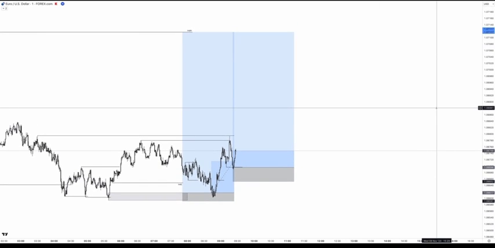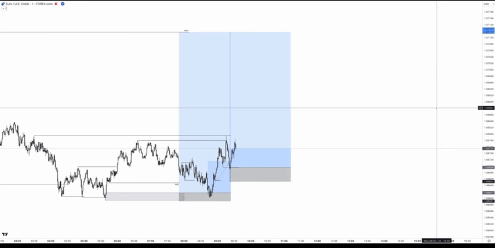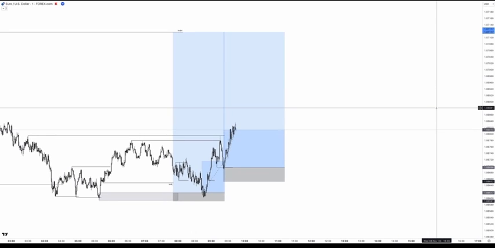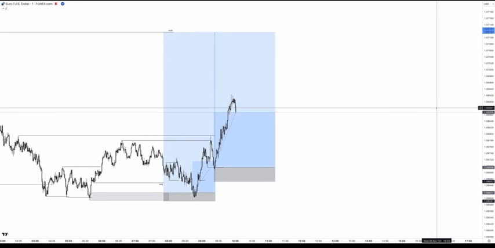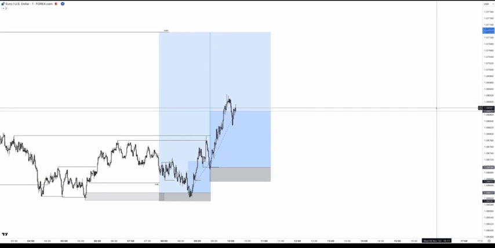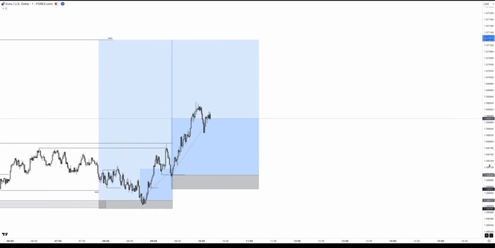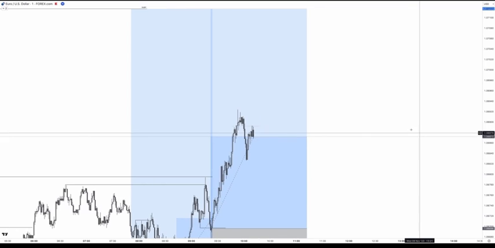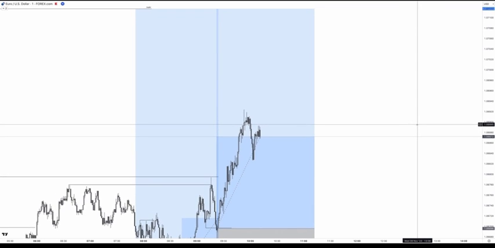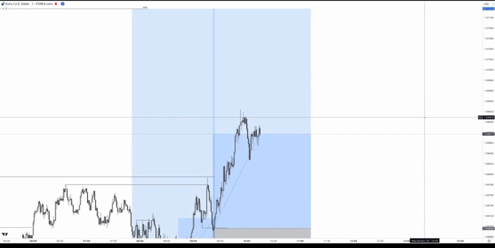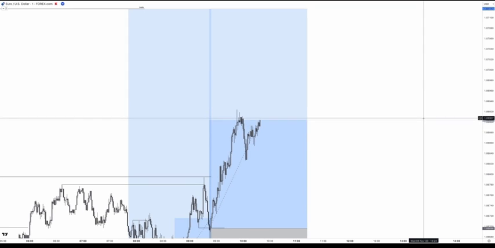Okay, so price taps in, moves away, and then okay, I think this is where Marco's third entry was, the one where he got stopped at break even. Yeah, right here.